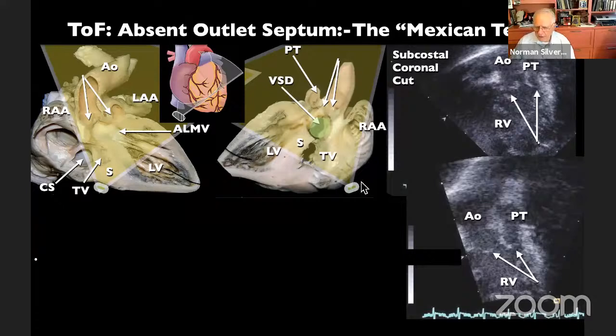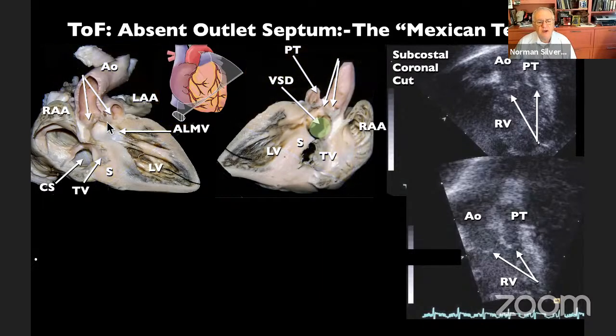Now, when the infundibular septum is incomplete, we have a VSD which has reminiscent features of a doubly committed and subarterial ventricular septal defect. And here you can see that there is fibrous continuity between the pulmonary valvar leaflets and the aortic valvar leaflets.